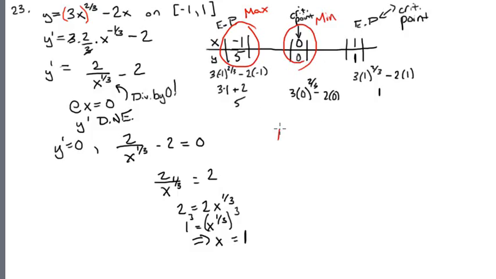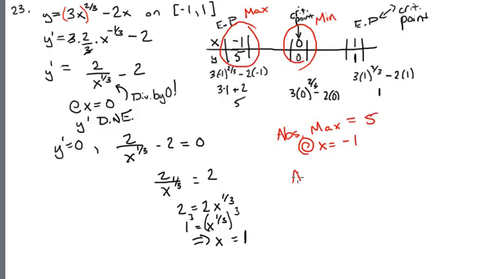So my absolute max occurs at x equals -1, and that value is 5.